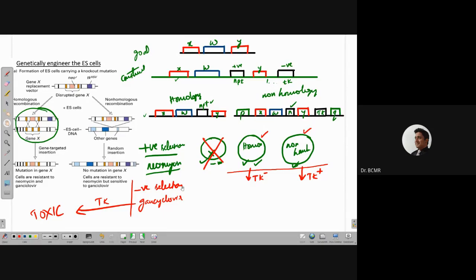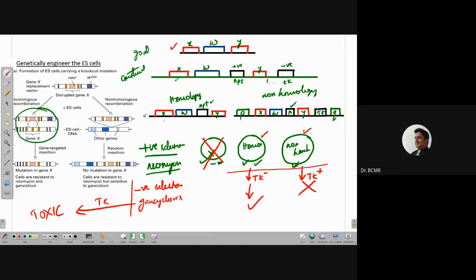One is TK positive, that is the non-homologously recombined one. The other one is TK minus. Because thymidine kinase would convert ganciclovir into a toxic compound, the cell is going to die out. So what we will be left with is these cells will grow and these would die out. That is how we would have achieved the target with this one.